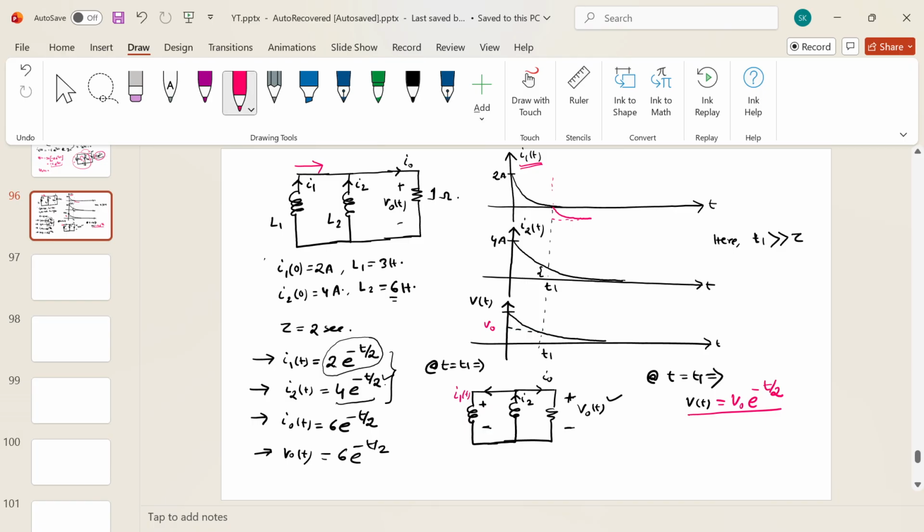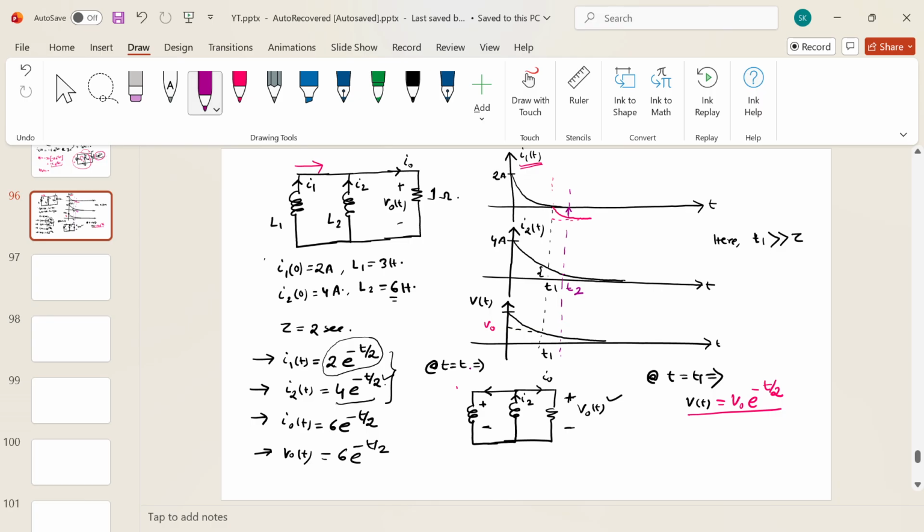Now, there can be one instant. Let's say at this instant you are getting some current I2 of t and also some current I1 of t, and the magnitudes of these two quantities are the same. Let's say this is my t2.